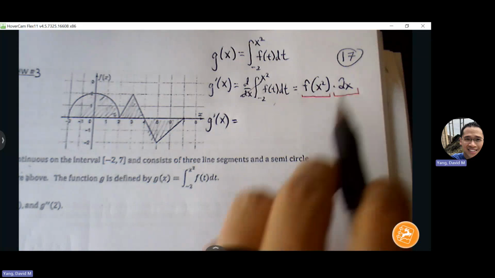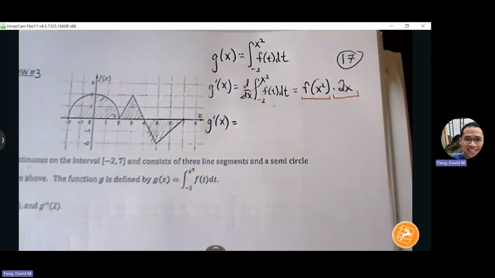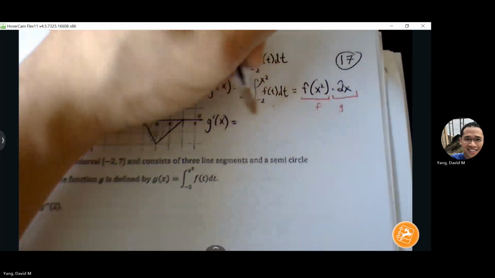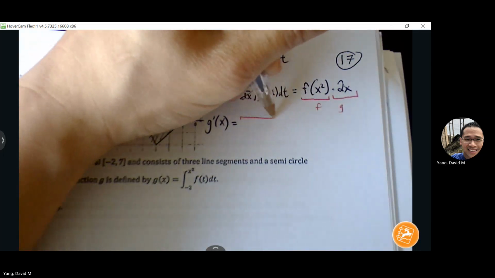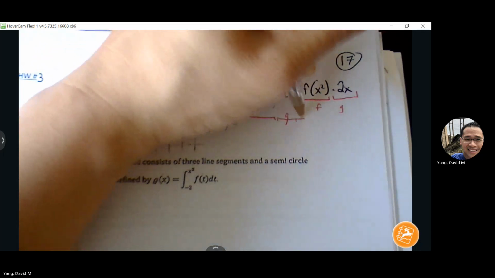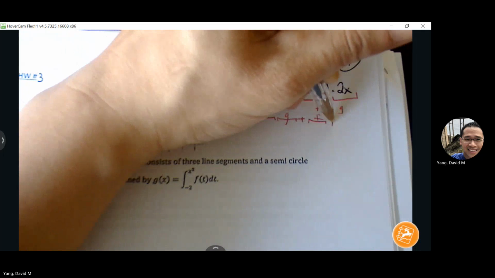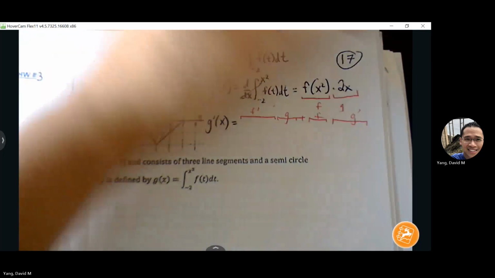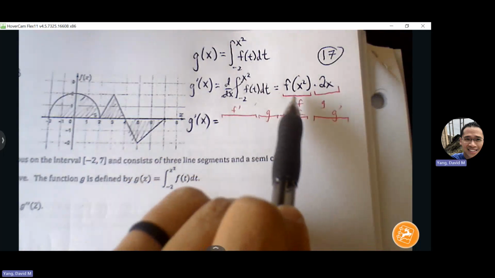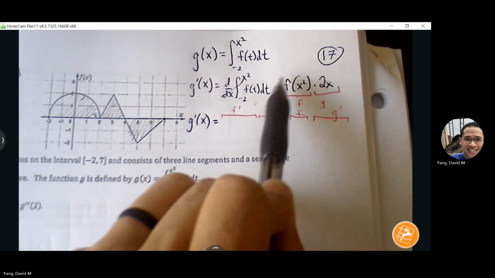Okay, so we'll do f prime g plus f g prime. What's the derivative of f of x squared? You said chain rule, right?